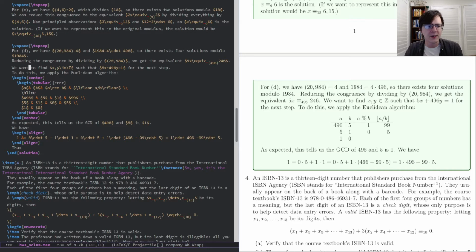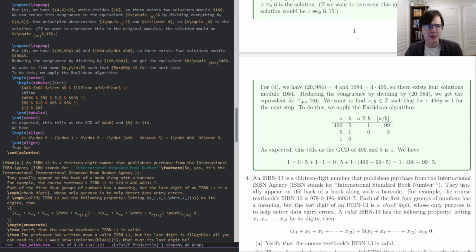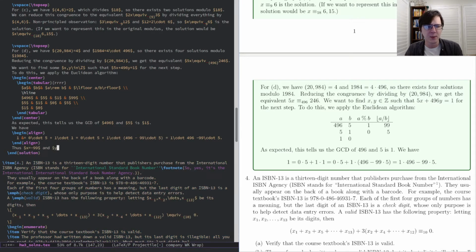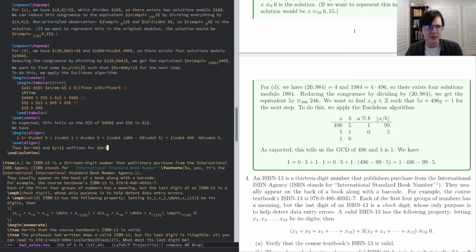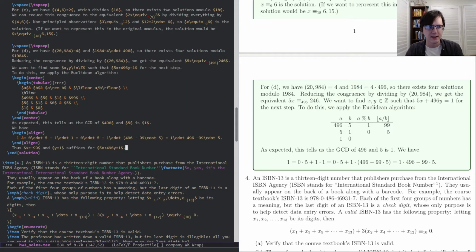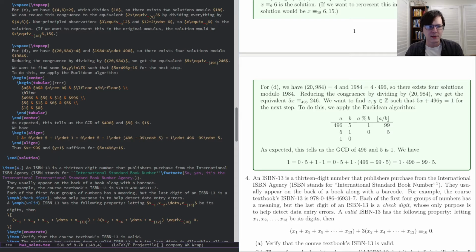And okay, we want to find some x and y. So x equals minus 99 and y equals 1 suffices to 5x plus 496y equals 1. Now what?